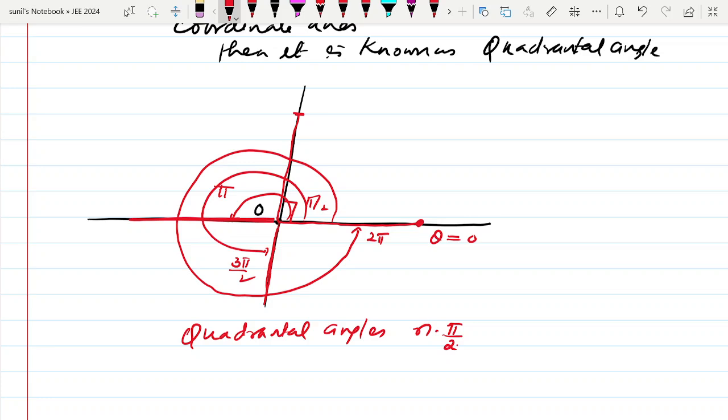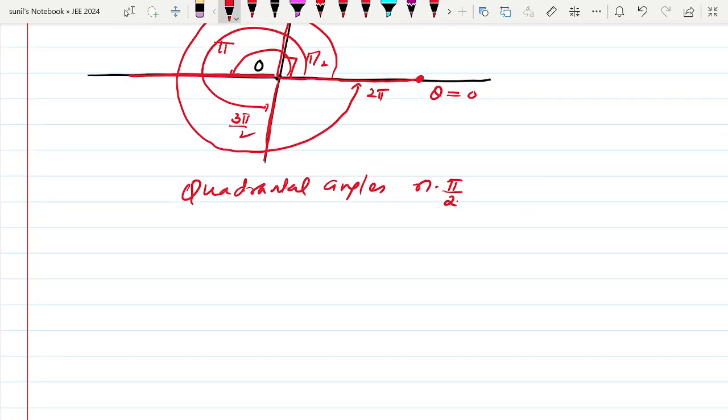Now the next important concept is coterminal angles. What do we mean by coterminal angles?